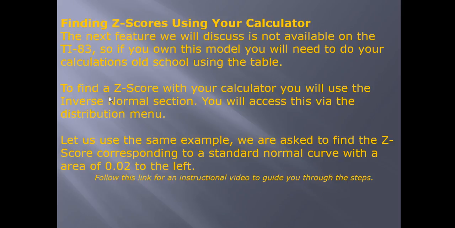To find the z-score on a calculator, we're going to use the inverse normal section, and that's under the distribution menu. So we're going to find the z-score associated with 0.02 to the left under the curve.